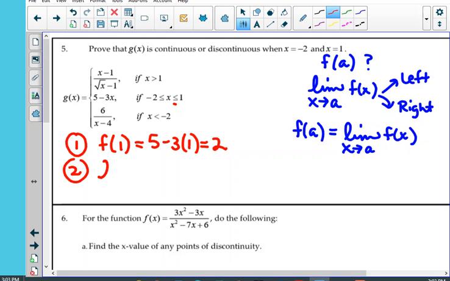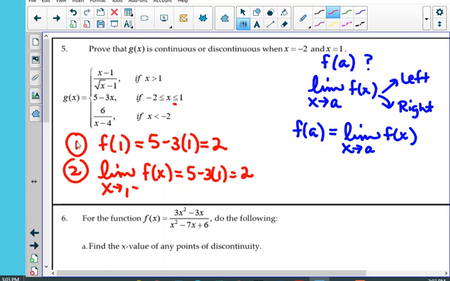Second one, I'm going to get into my left and right limits to get my overall limit. I'm going to do my left limit first because it just happens to be the same. The left limit is actually the same as f of 1. So that's 2. All right. So I still have a pretty good chance here for continuity.